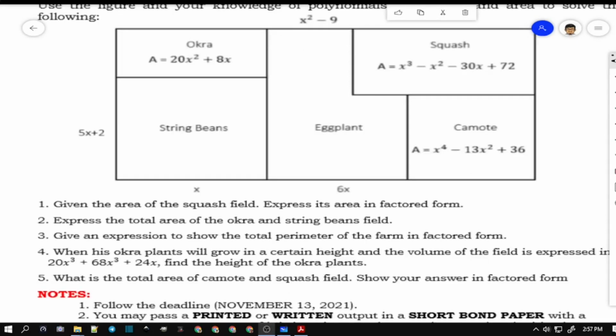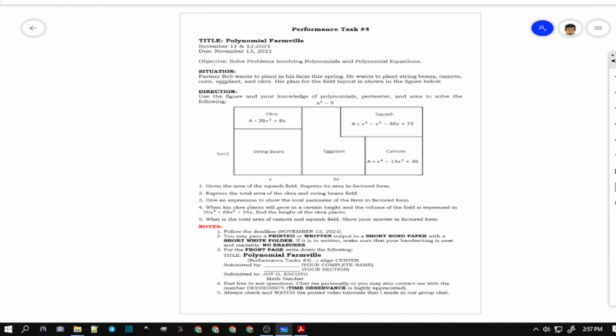For number 2, express the total area of the okra and string beans field. So, you will look for the area of the okra and the area of the string beans. The area of the okra is 20x squared plus 8x. This is the okra, and then the string beans.